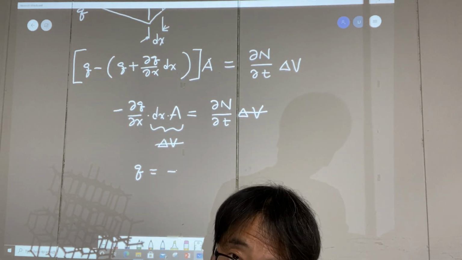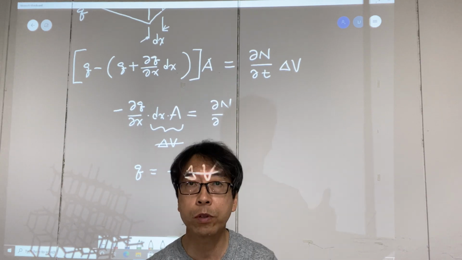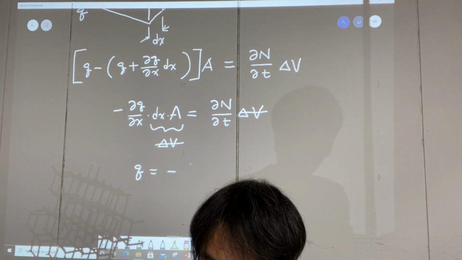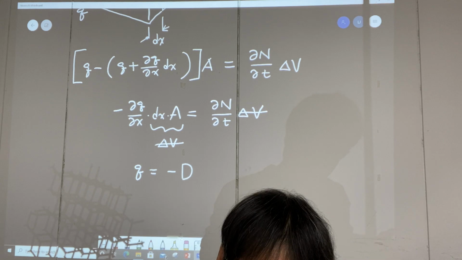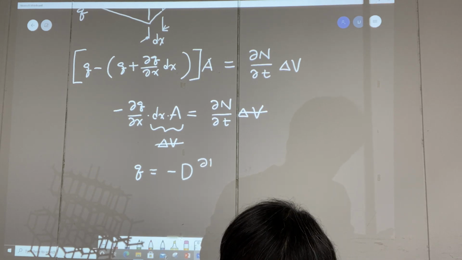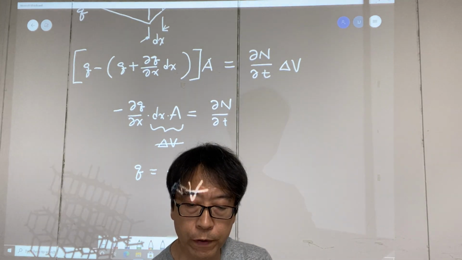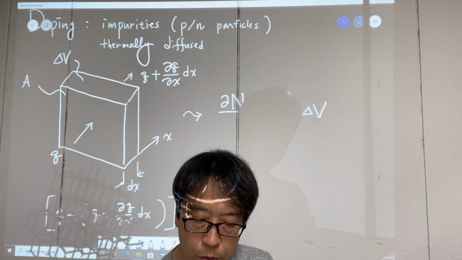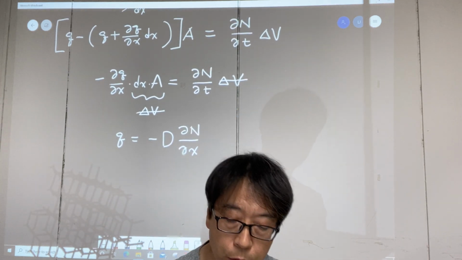Remember we use minus because the direction of diffusion is opposite to the gradient, and the constant of proportionality is called the diffusion coefficient. Why partial? Because n is a function of two variables, x and t. That's why we need a partial.